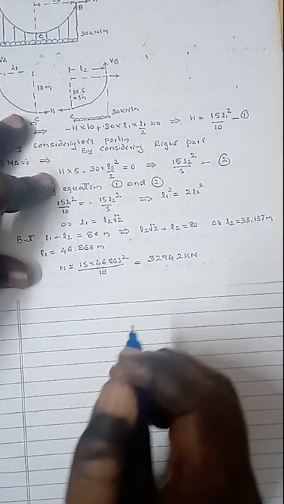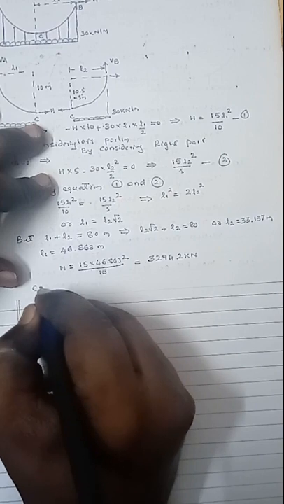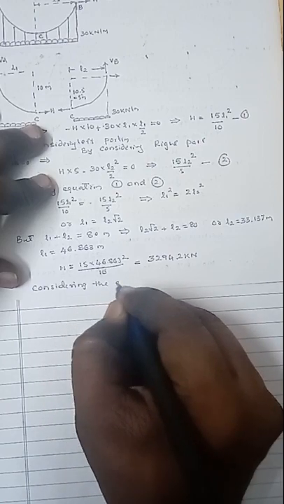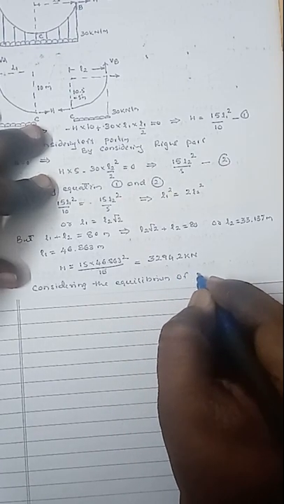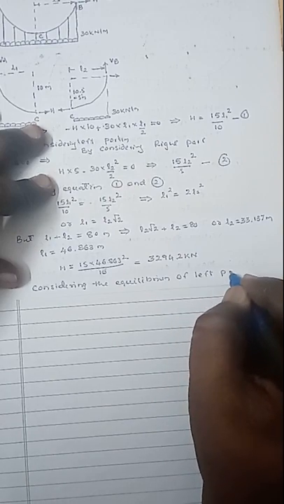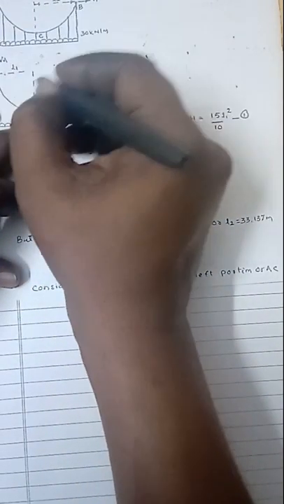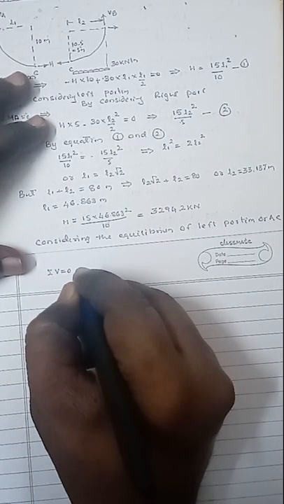After getting the value of H, considering the equilibrium of left portion or AC, in this portion summation of Fy equals 0, sum of the forces in vertical direction equals 0.